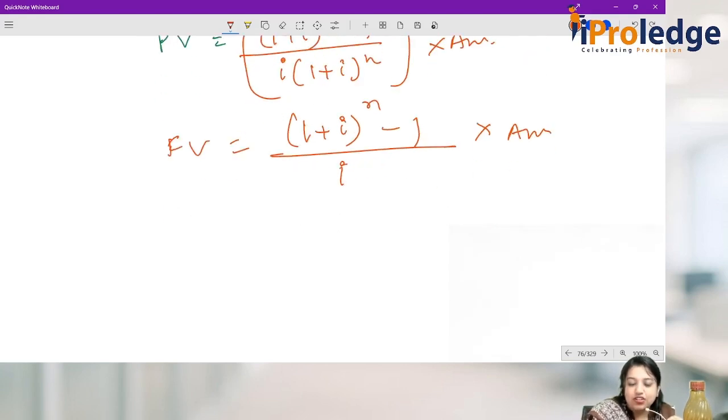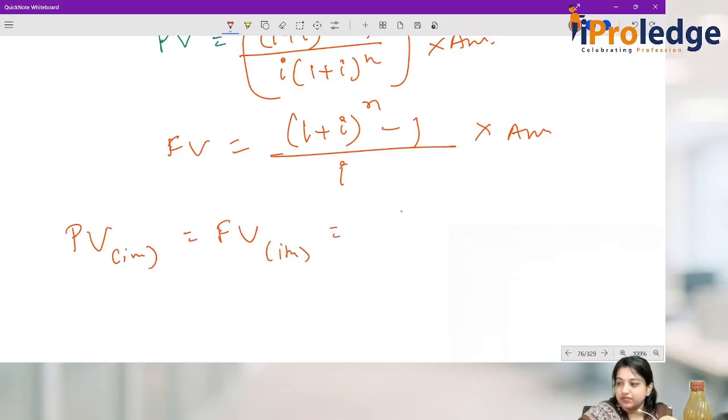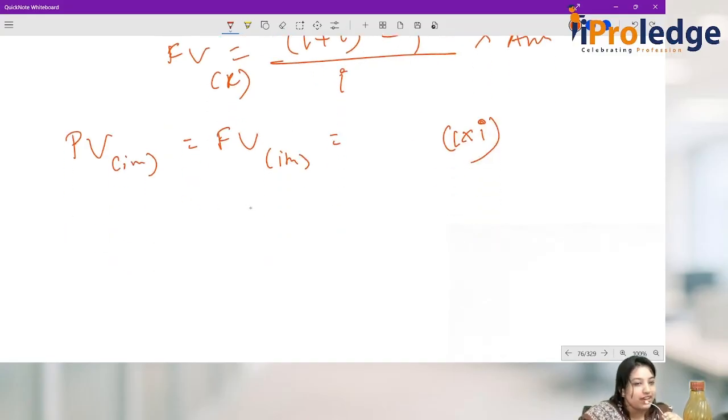So for present value immediate and future value immediate, the formula is the regular one, so for both it is into (1 plus I). Just 1 plus I. The relation between PV and FV.